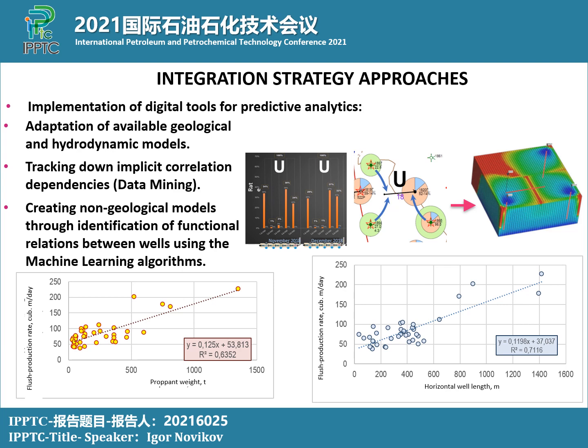It also includes creating non-geological models through the identification of functional relationships between wells using a machine learning algorithm, which is very interesting because humans might not be able to do this, as it takes a lot of time, and this algorithm can save us much time and give us more accurate data.